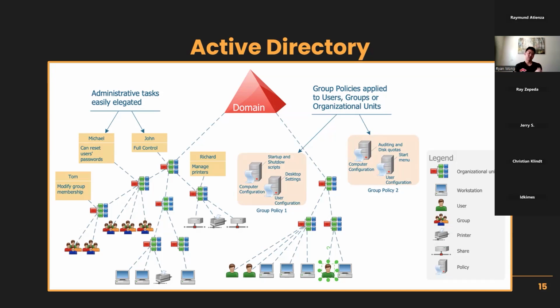A small group of administrators can't handle tens of thousands of users, computers, printers, etc. So Active Directory was a way to fix the problem so that you can centrally manage everything through a single computer. And that would be called the domain controller.